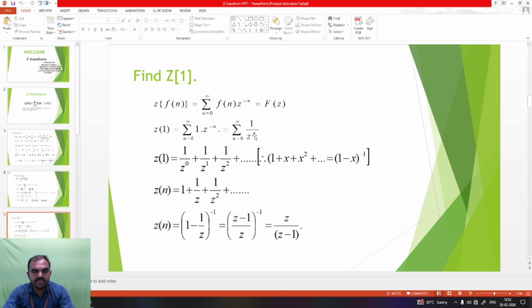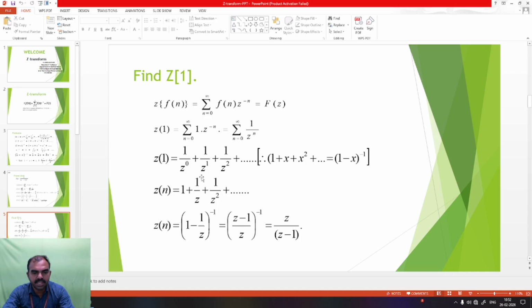So now apply n value 0: 1 by z power 0, plus 1 by z power 1, plus then n value 2, 1 by z square and so on. So z power 0, anything power 0 is 1. So 1 by 1, that is 1, plus 1 by z plus 1 by z square and so on. So this is the expansion of 1 plus x plus x square and so on, which is 1 minus x power minus 1.